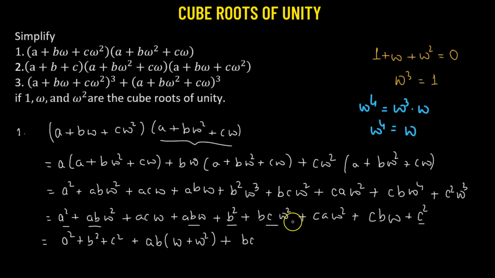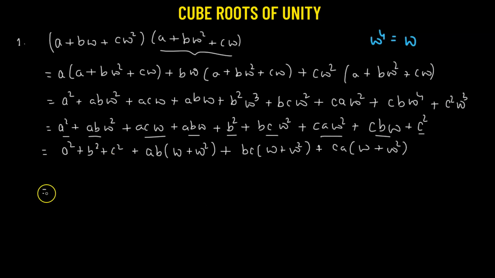So we have bc omega squared and cb omega. If we take bc as the common factor, we have omega plus omega squared. And finally we'll take ca as the common factor, multiplied by omega plus omega squared. This is done so that we can use the property that the sum of the roots equals 0. In place of omega plus omega squared, we will replace it with -1.